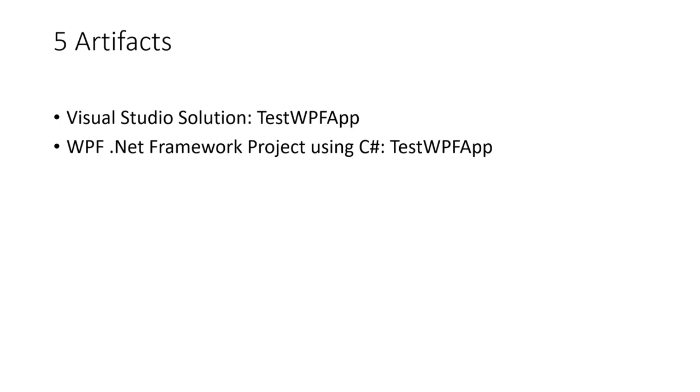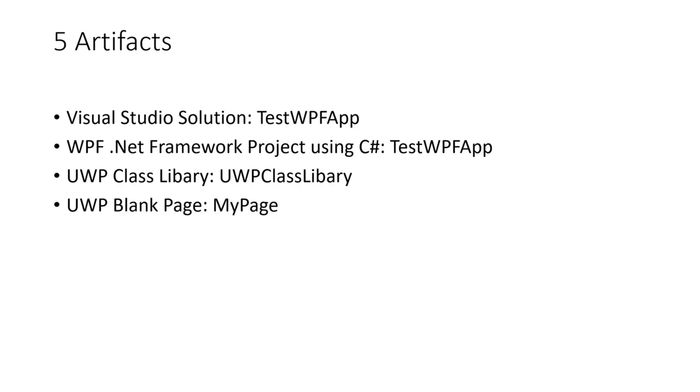I'm going to be creating 5 artifacts. A Visual Studio solution entitled Test WPF App, a WPF .NET Framework project using C# entitled Test WPF App, a UWP class library entitled UWP Class Library, a UWP blank page entitled My Page, and a Windows application package entitled Build WAP.